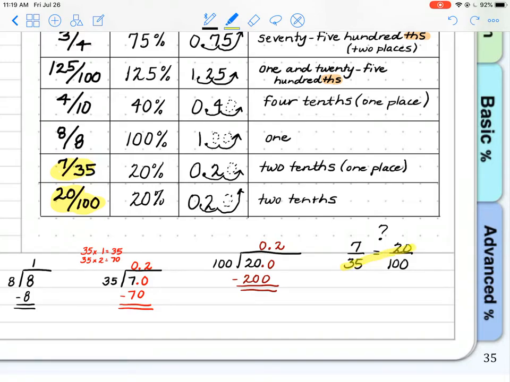I'm going to say this one times this one, and this one times this one. So 7 times 100, I can do that in my head. And then 35 times 20, you can do that one in your head maybe. Sure enough, those two are a proportion. They're equal.